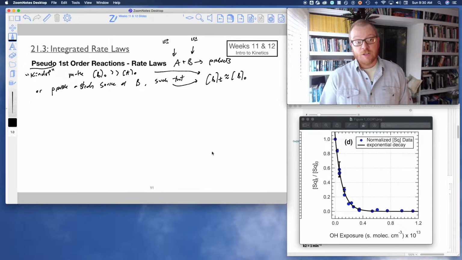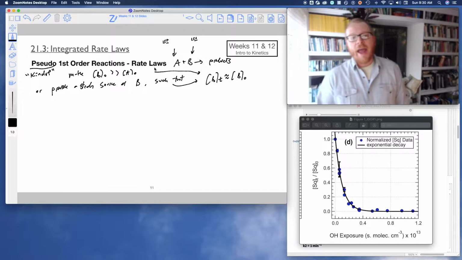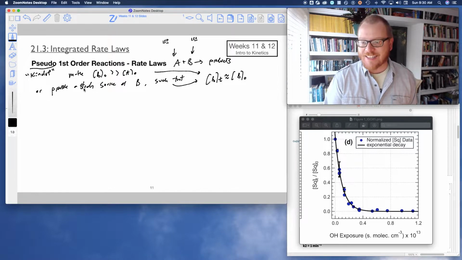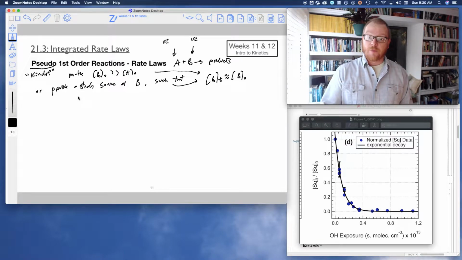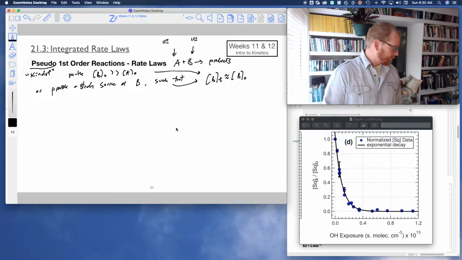Okay? So if B is much greater than A, if B reacts away, it doesn't really look like much changed. Or, and this is what I think is more realistic, we're providing a steady source of B. We continually refresh the B that was replenished such that B is always at a constant concentration. Okay?